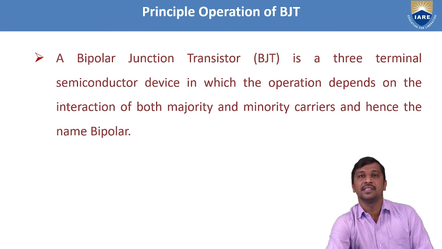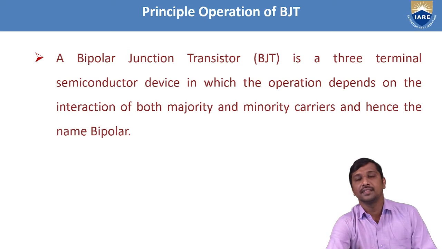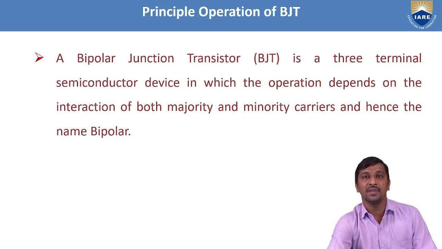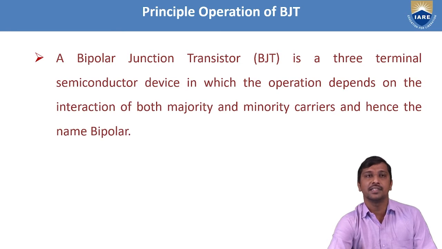Why are we designing this bipolar junction transistor? In most cases, if you want to perform amplification, or to improve the signal strength at the output stage, then we use this bipolar junction transistor. For the PN junction diode, we discussed applications like a switch, rectification, and some clipping and clamping operations.